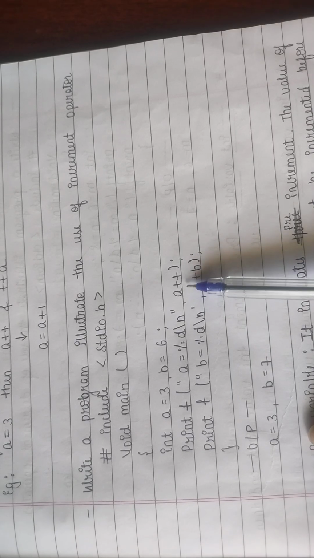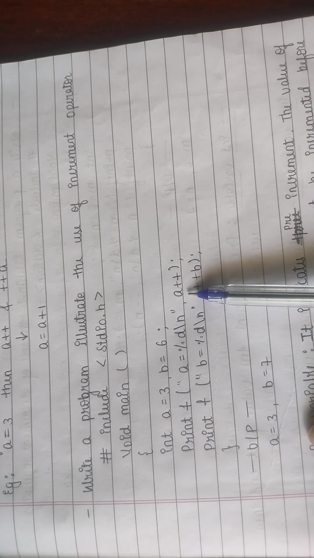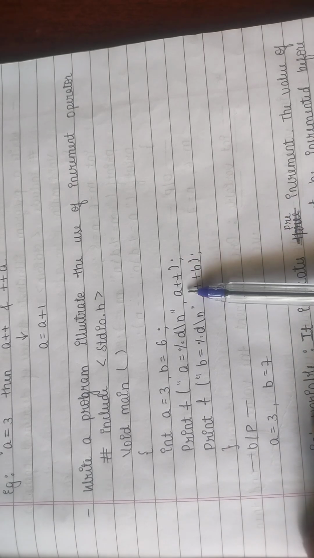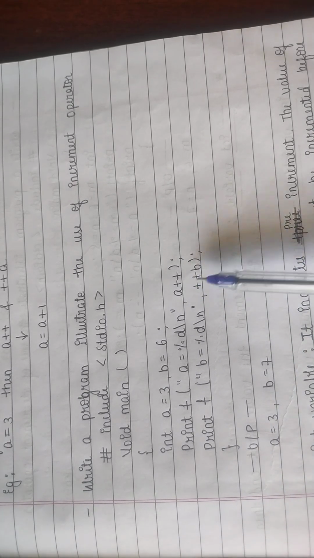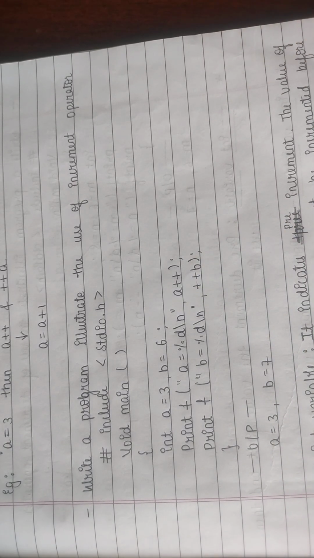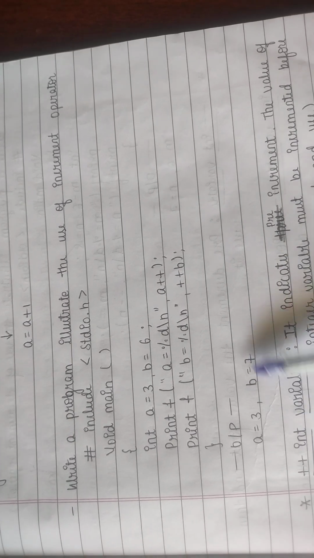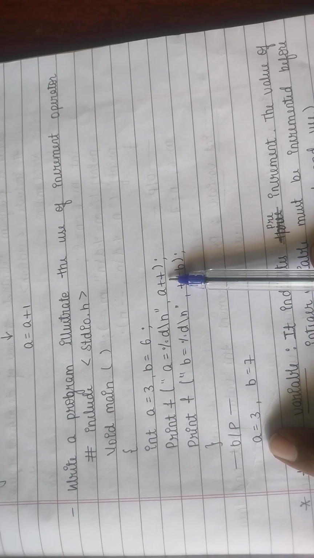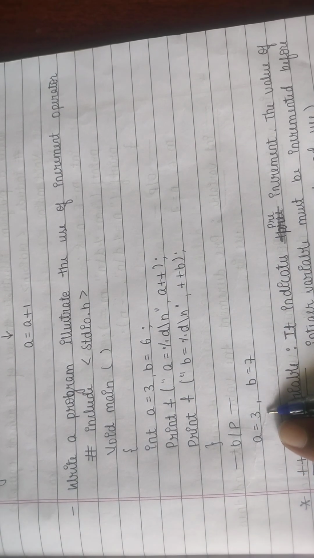Post increment means first use the value, after that increment. In post, first use the value, after that increment. In pre, first increment the value, and after that we can use it. Here a is 3, but a is post incremented: first use the value, a is 3, and after that print it.